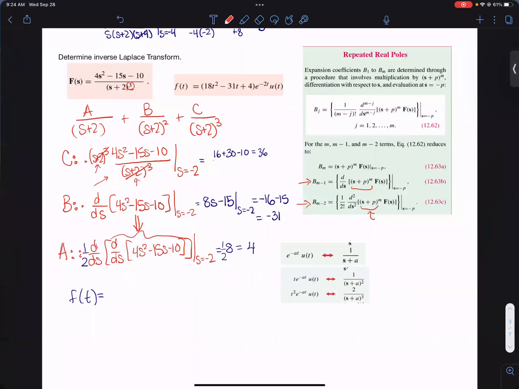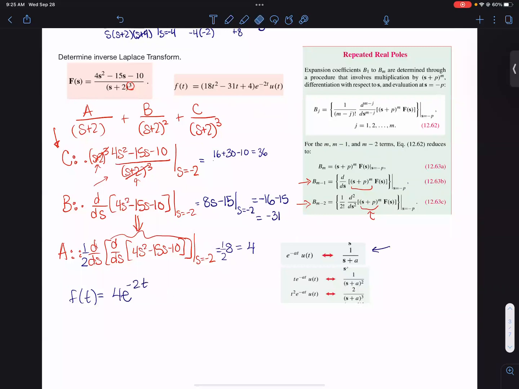All right, so on this solution, you should have found that C, for you guys that were online, I had a mistake, so do make sure to correct that. C in this is actually the one that's multiplied by the (s+2) cubed, and then A is the second derivative one. When you transfer this over as the inverse, A is 4, so it's the first one, 4e to the -2t u(t).